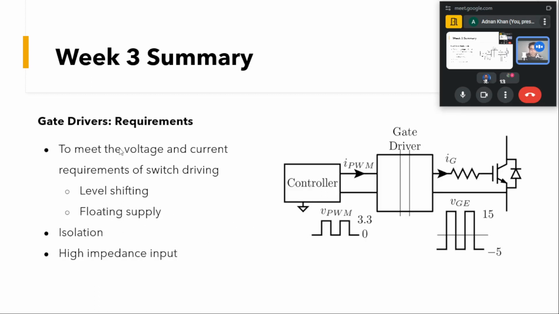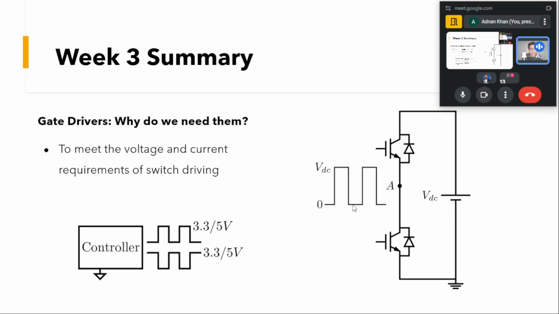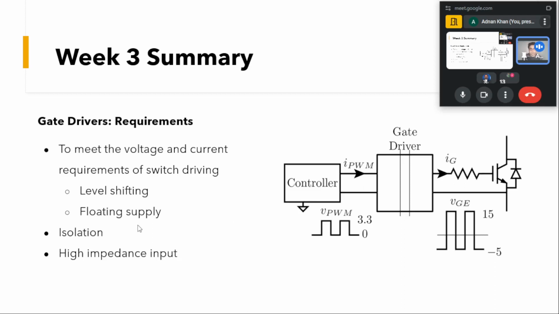And this was the first point, and also that I told you we need the level shifting. Also I had discussed we had the floating point supply here at this point A, and for this high side switch we need to provide this gate voltage with respect to this floating voltage, and our gate driver should be able to do that.